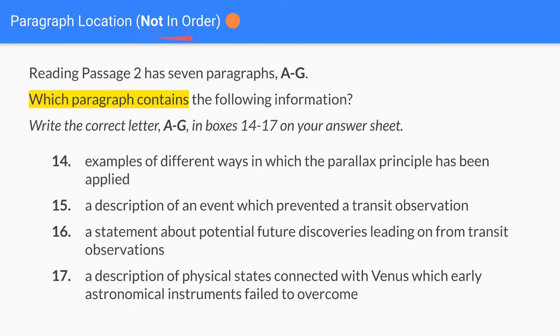So these questions are not in order, and as indicated by the red dot over here, this is a harder question, so ideally you should leave this question for the end. And when I say leave it for the end, I don't mean leave it for the end of the test, okay? Don't do that. I mean leave it for the end of that reading passage.